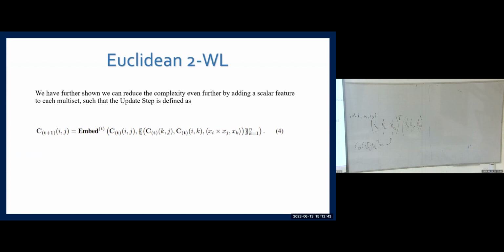So even with 2WL, with a very minute difference, we can still achieve complete separation. And we use this test in our practical implementation of the architecture. So we reduce the complexity to O(n squared) and still achieve the separation.